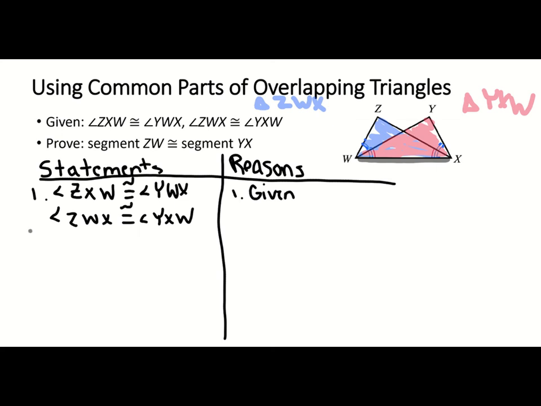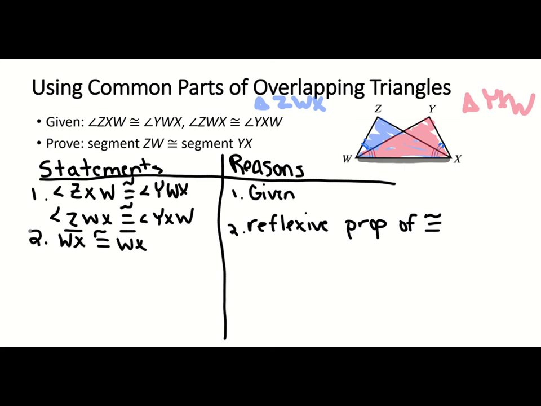So I could say for step 2 that WX is congruent to WX, and that is our reflexive property of congruence.